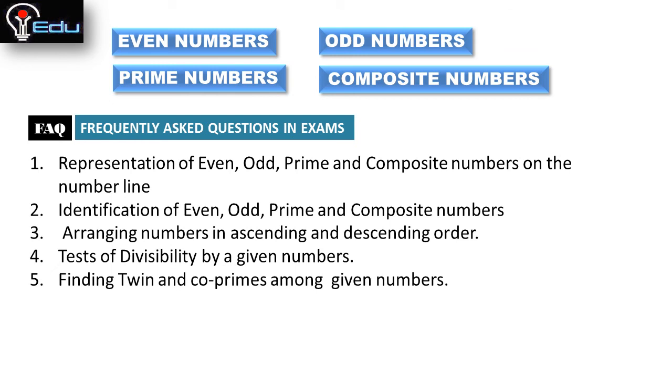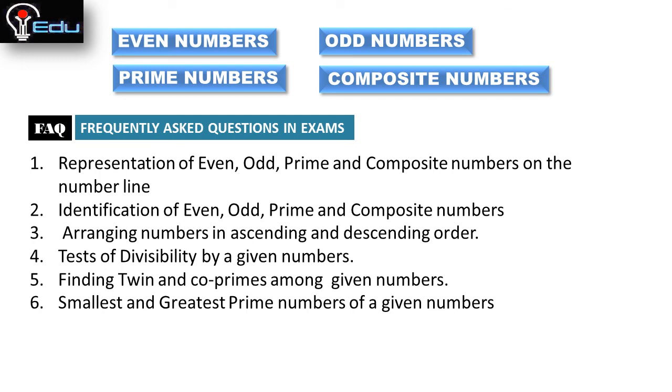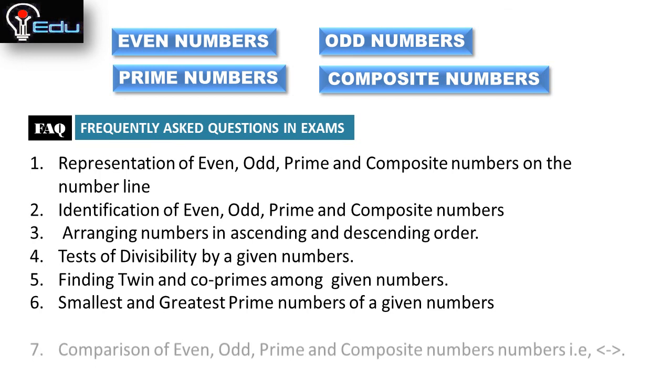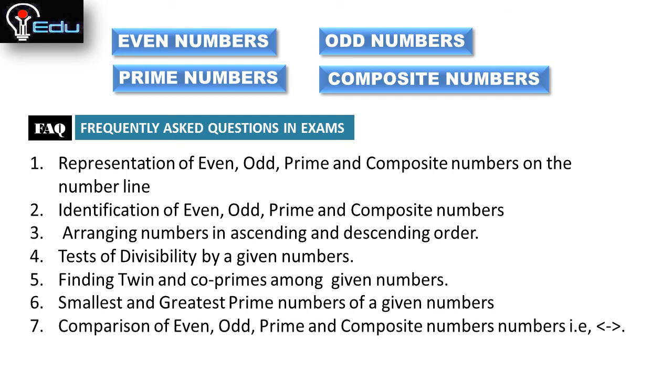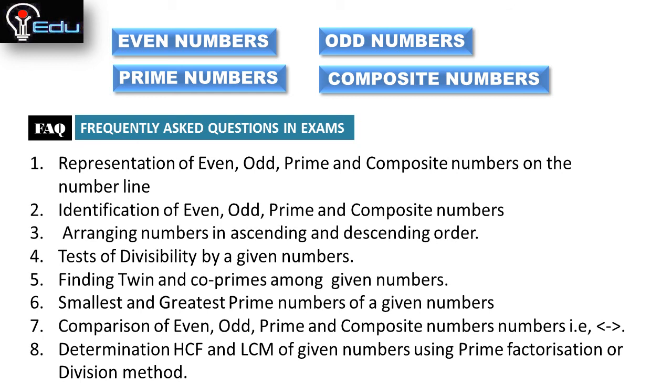Finding twin primes and co-primes among given numbers, smallest and greatest prime numbers among given numbers, comparison of even, odd, prime and composite numbers. Determination of highest common factor and lowest common multiple of given numbers using the prime factorization method or division method. These are the frequently asked questions in exams.